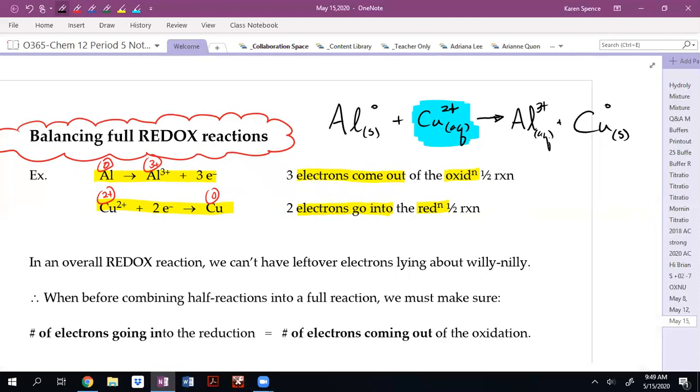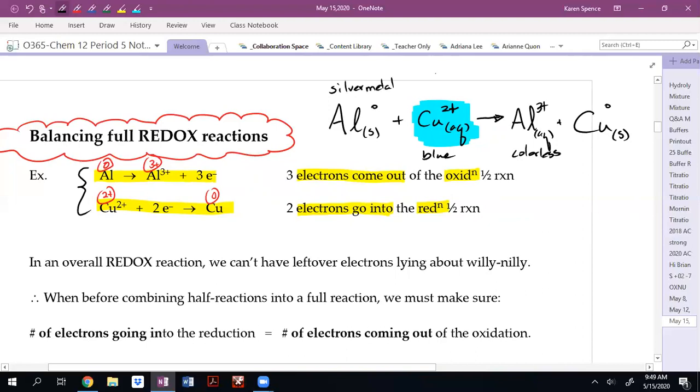And so this is an overall redox reaction. We've combined these two reactions to get an overall redox reaction here. And aluminum is a colorless ion. So we go from having a blue solution to having a colorless solution. And this is a silver metal.